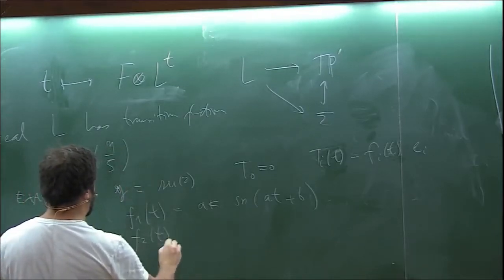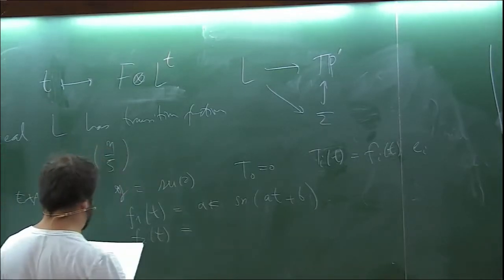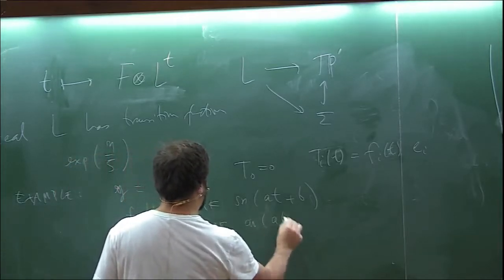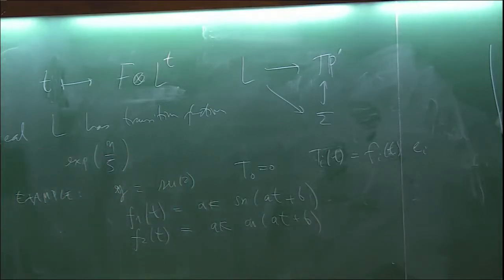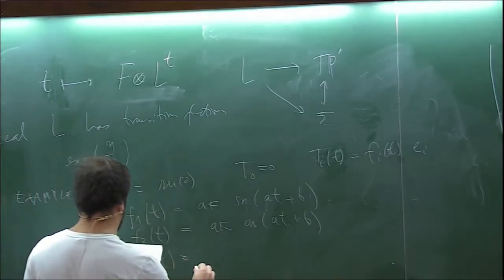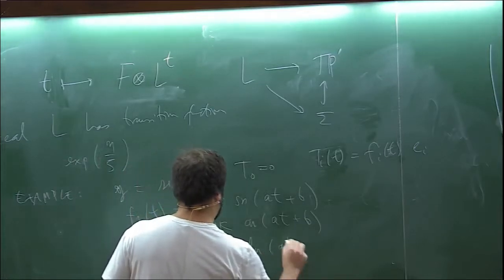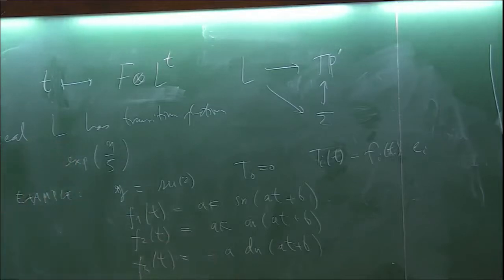This was written down in an Oxford PhD thesis by Matsoukas, and we include this in the paper with reference to the thesis. These are Jacobi elliptic functions, and A, B, and kappa are constants. So this is the general solution.